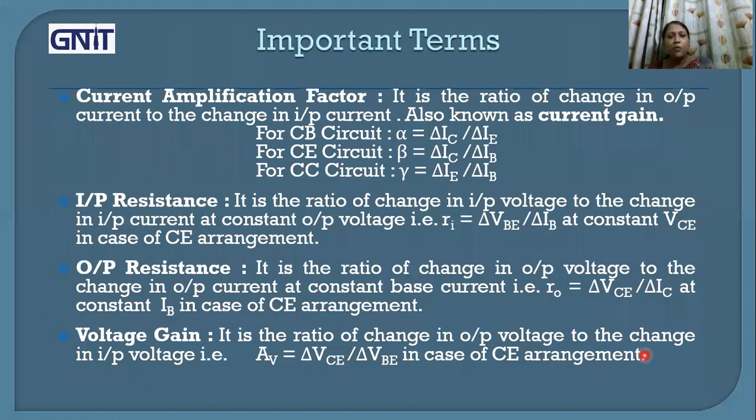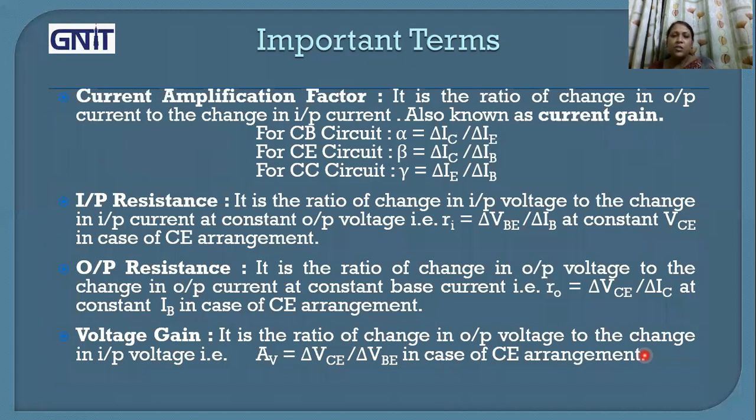So here are a few important terms: the input resistance, the output resistance, the current amplification factor, and the voltage gain. The current amplification factors are alpha, beta, gamma. For the CB circuit we know alpha, for the CE circuit we know it is beta, and gamma is for the CC circuit, that is IE by IB.